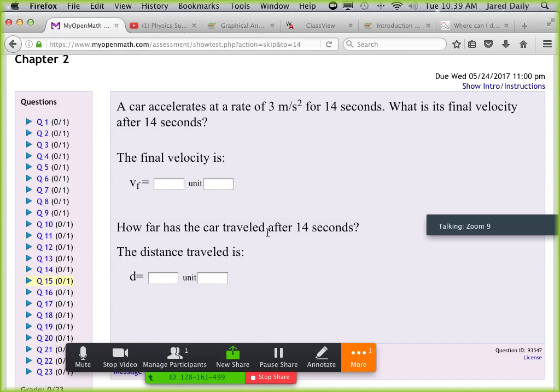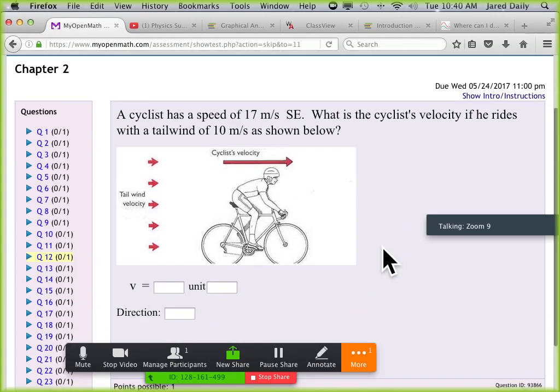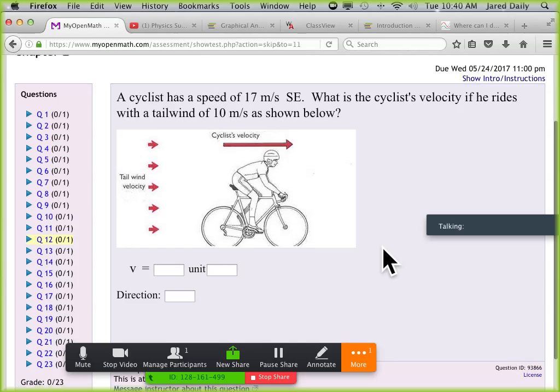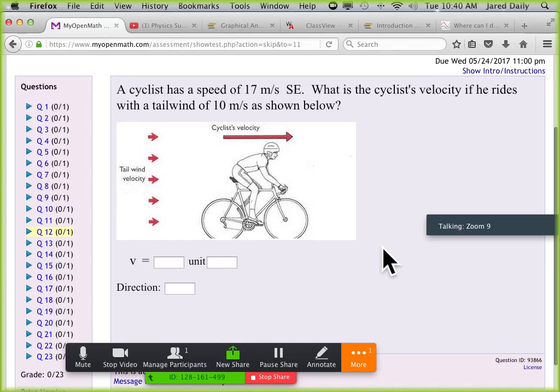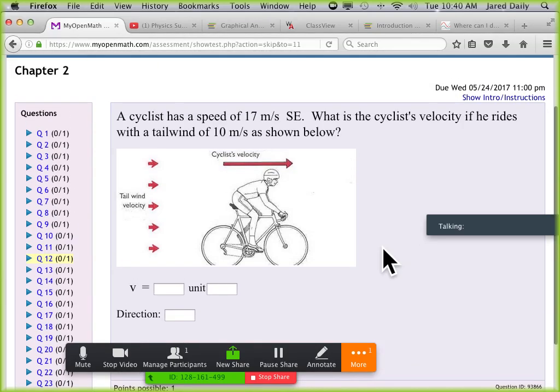Mr. Bailey, the only problem I have left is number 12, because I have a question about the one where the cyclist has a tailwind. When they're riding with the tailwind, do they take on the velocity of the tailwind, or split the difference? In this class, we're going to assume that they take on the velocity of the tailwind.